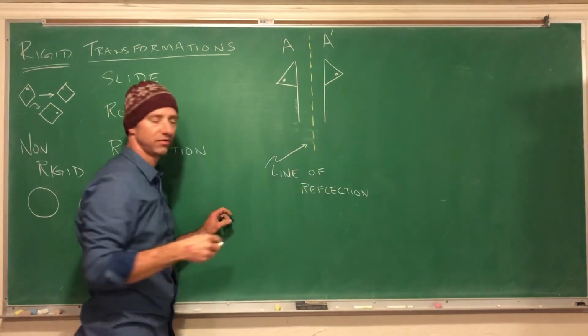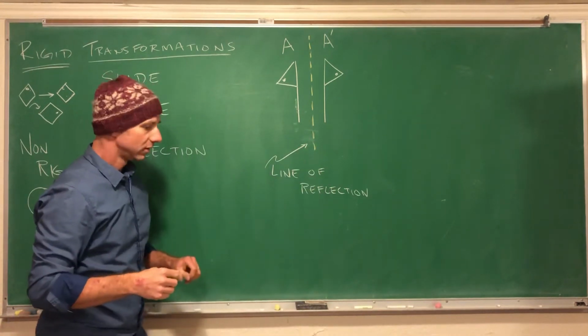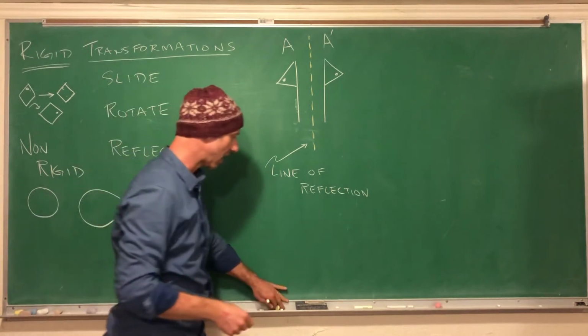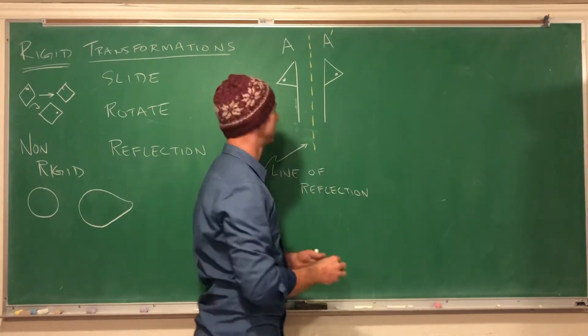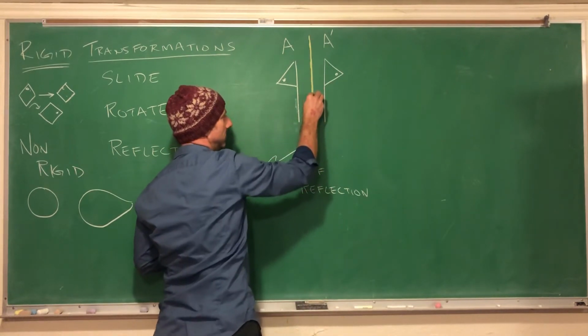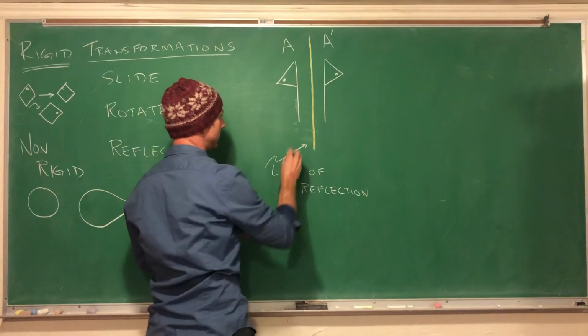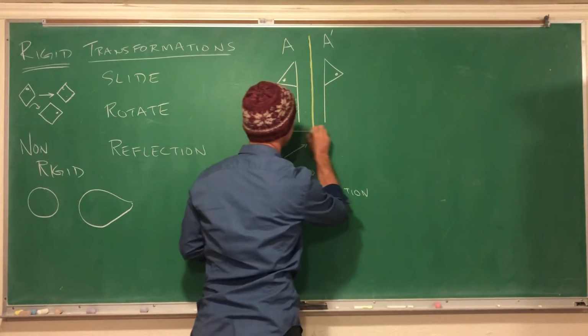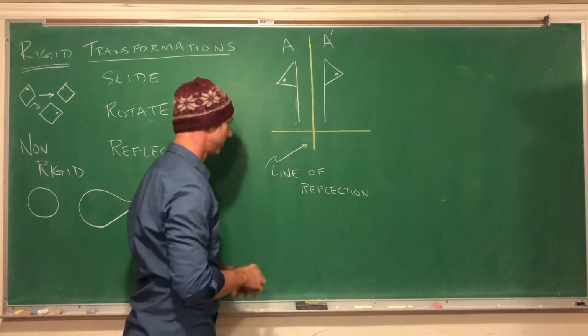Okay, that's my line of reflection. Now let's see how the points actually move with this. So I like to use the coordinate system. Let's make this the y-axis, and we'll make this guy here the x-axis.